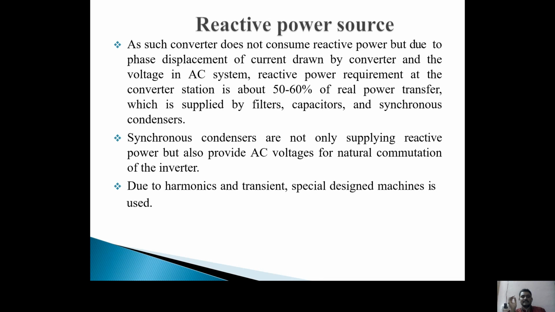Synchronous condensers not only supply reactive power, but also provide AC voltages for natural commutation of the inverter. Due to harmonics and transients, specially designed machines are used for the reactive power source.